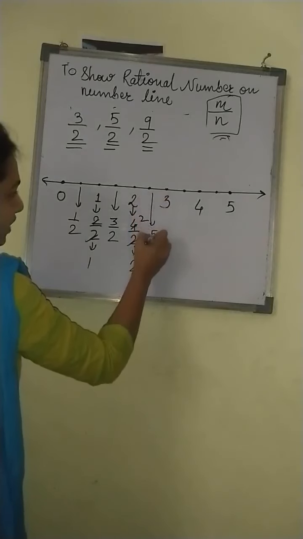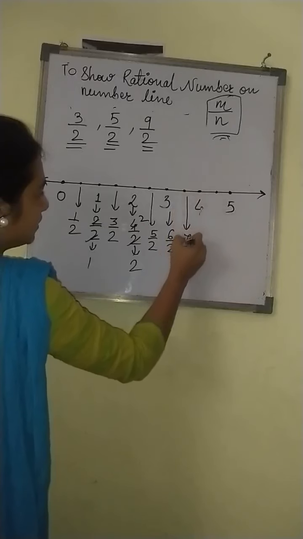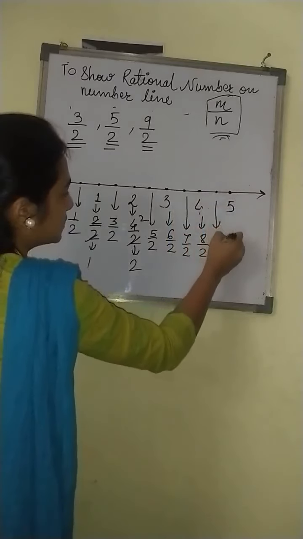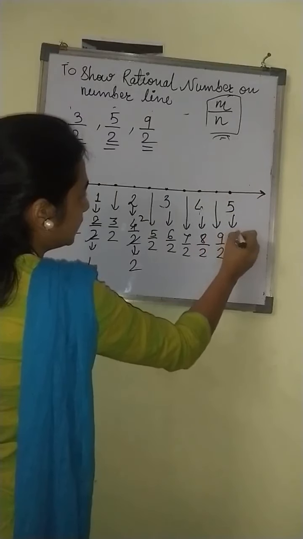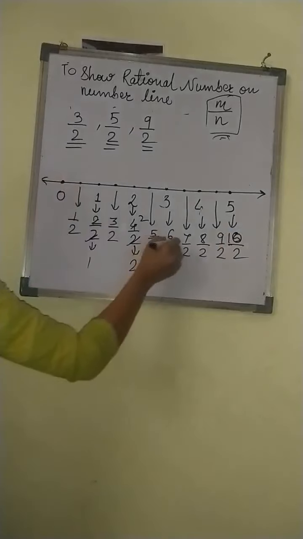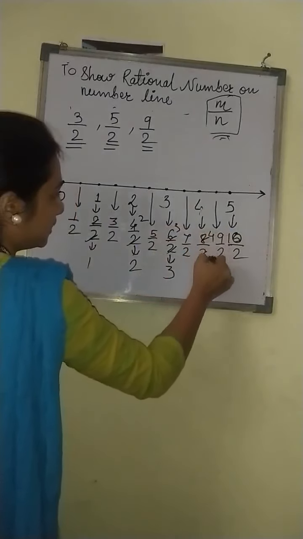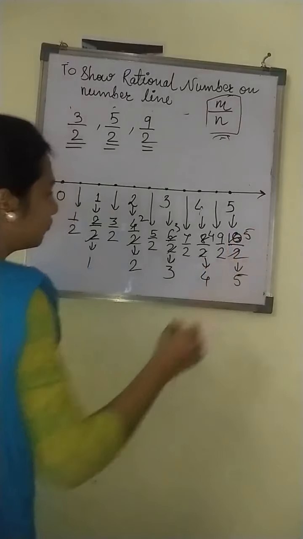This is 5 by 2. 6 by 2, 7 by 2, 8 by 2, and last 9 by 2 and 10 by 2. 6 by 2 is ultimately your 3. 8 by 2 is ultimately your 4. And 10 by 2 is ultimately your 5.